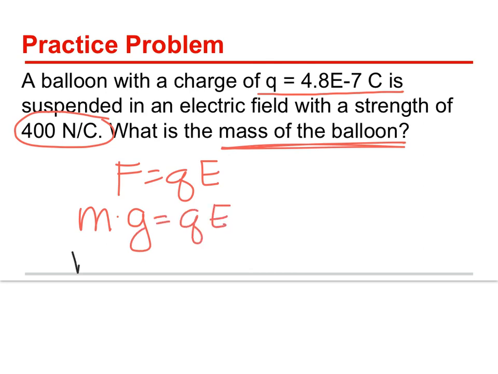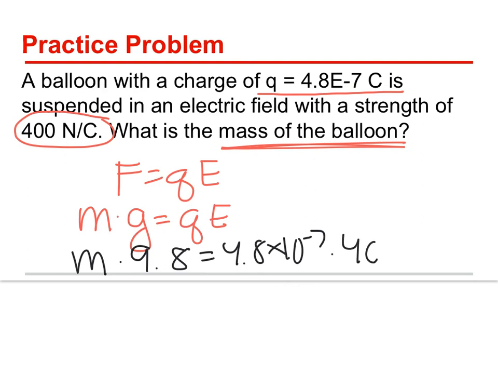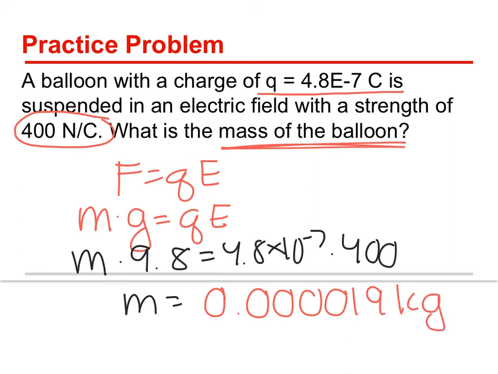So let's plug in and solve for our mass. So if I multiply and divide this out, I'm going to get my mass is equal to 0.000019 kilograms. So please work on your Google form for credit and bring any questions to class.